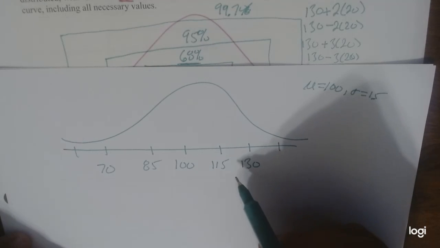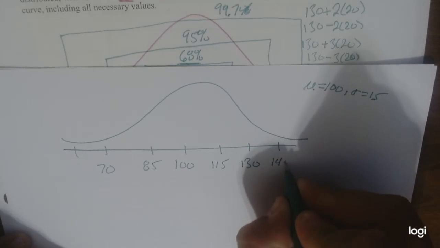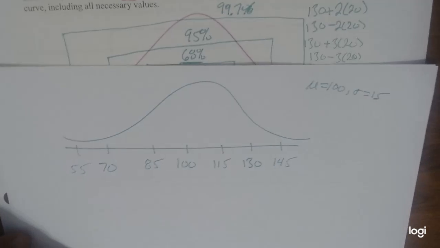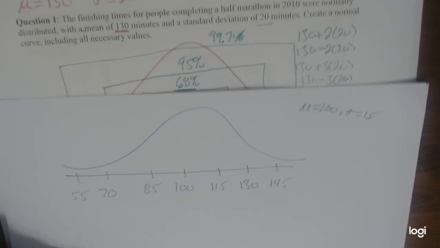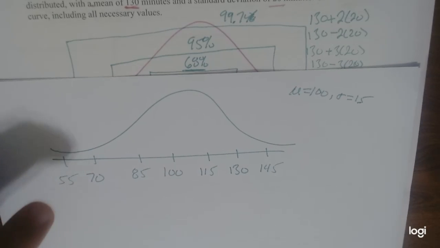Last one, add 3 times 15, so 45, and same thing, subtract 45. And there's a new bell-shaped curve. Notice I didn't actually answer the question yet. All I did was draw my curve, and now I can answer the question from here.